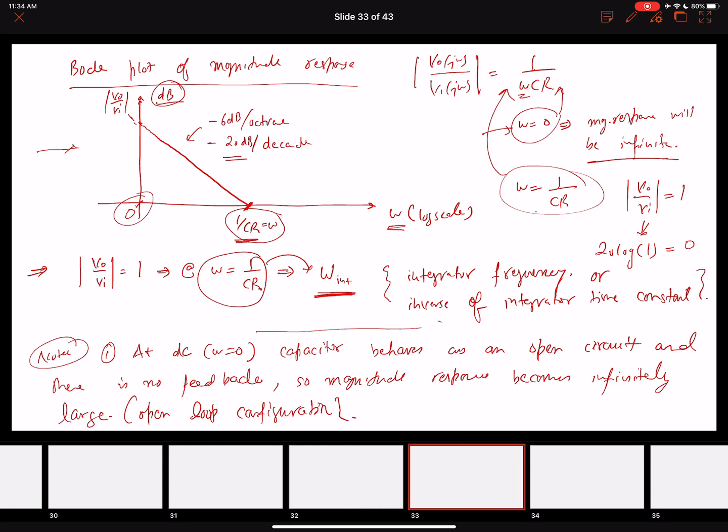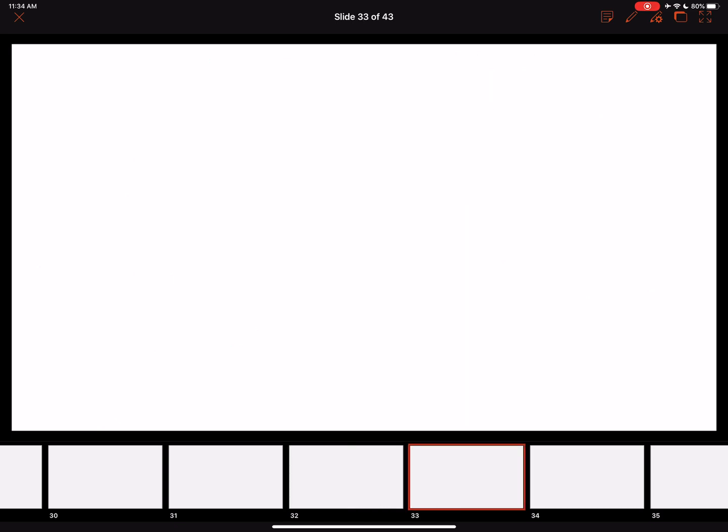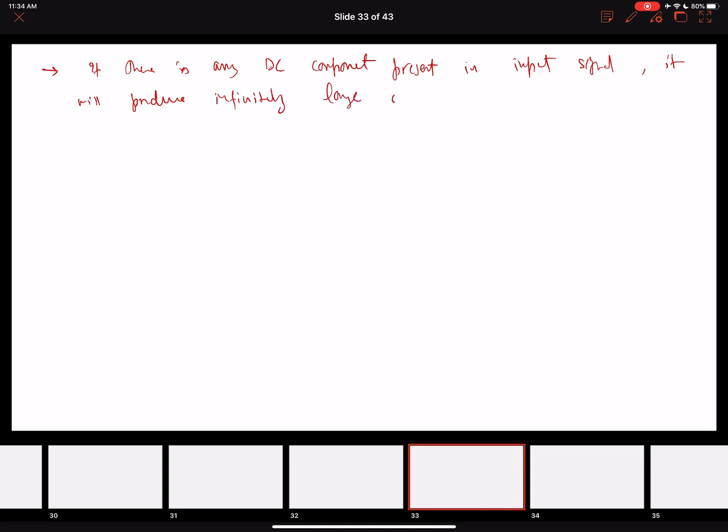However, another important thing here is, if there is any DC component present in the input signal, it will produce infinitely large output, theoretically, right?